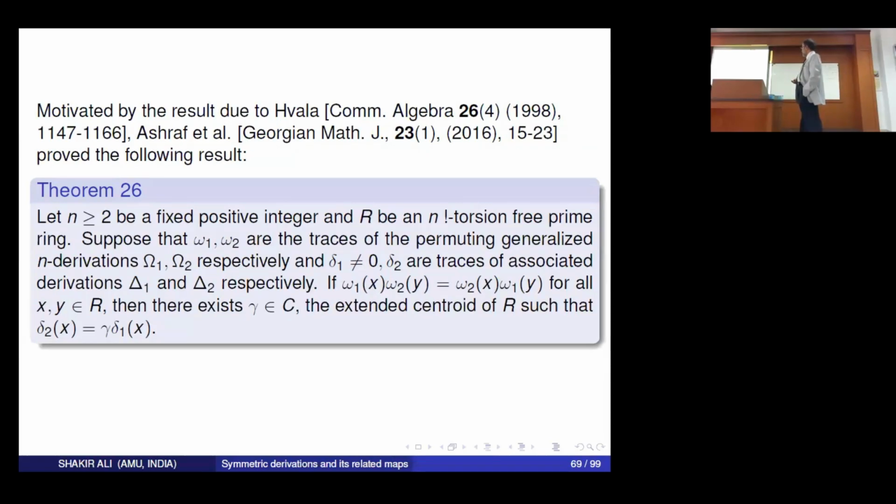Suppose omega 1 and omega 2 are traces of permuting generalized n-derivations sigma 1 and sigma 2, with the condition that delta 1 is non-zero. Then, if this happens, there is a lambda in the extended centroid of this field, with this condition, meaning delta 2 is linearly dependent. So they are linearly dependent. This is another characterization of these maps.